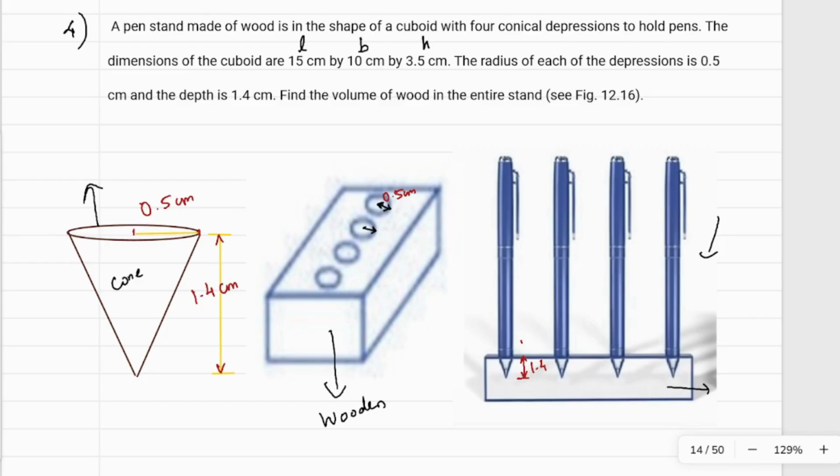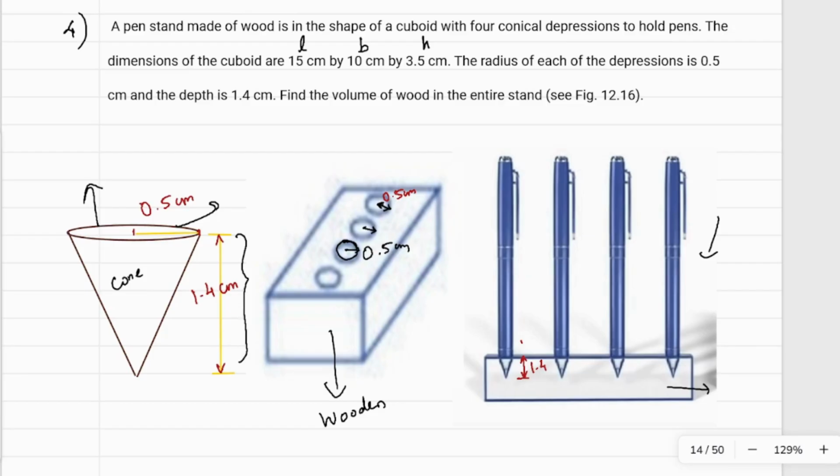That means the conical part pointing towards the base of the cuboid. The wooden pen holder is in the shape of a cuboid. Here you can see that circular region, that is this region. And they are telling the radius of the circle is 0.5 centimeter.